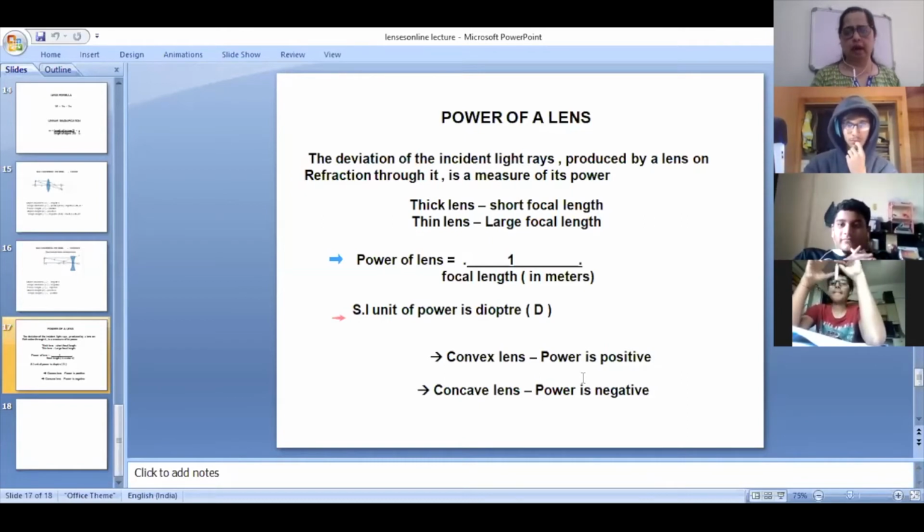Now let us go to numericals, the most important part of the chapter.